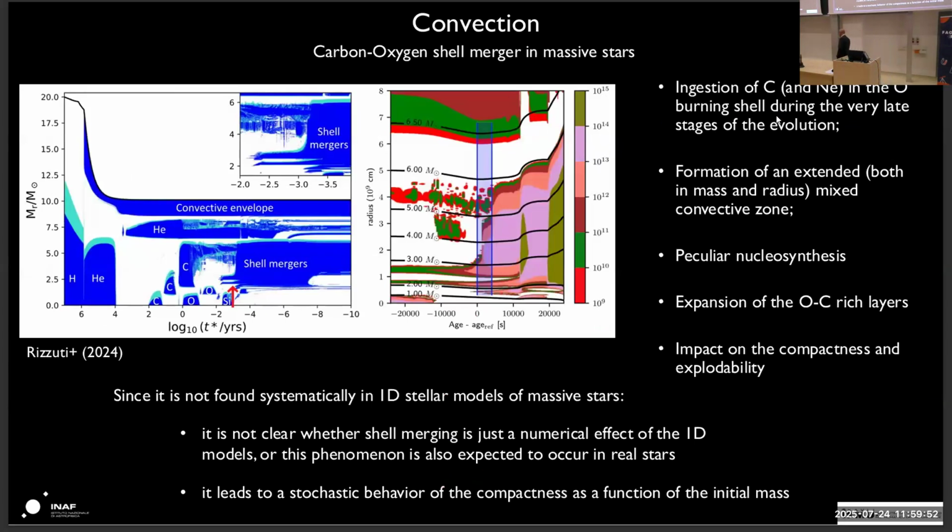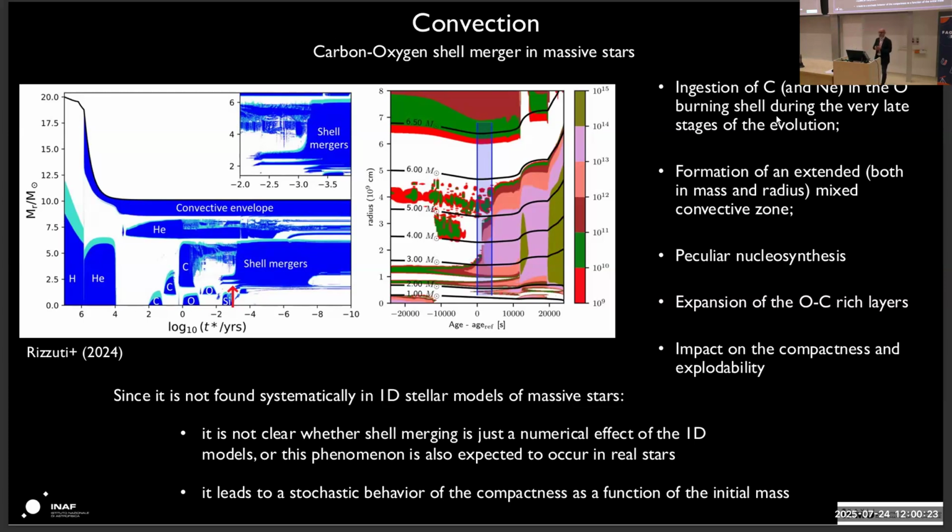Another issue, still in the context of convection, is the carbon-oxygen shell merger that can appear during the very late stages of massive stars. The ingestion, again, the ingestion of carbon in the oxygen-rich layer implies a burst of nuclear energy that drives an expansion of the overlying layers, and this obviously directly impacts on the compactness of the star.